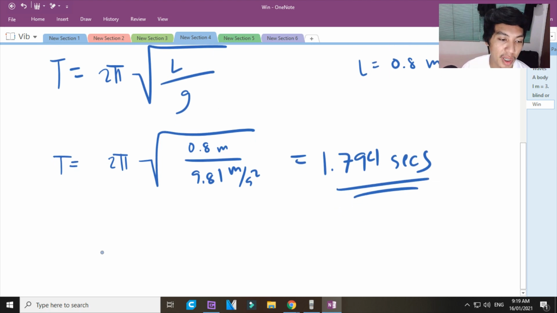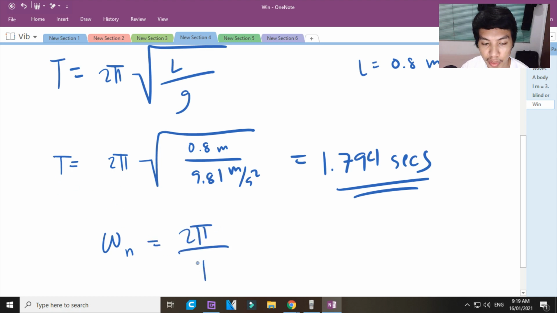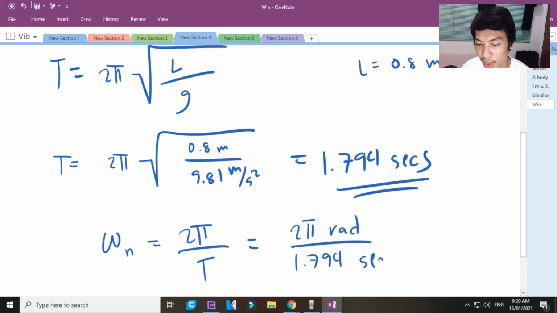Paano naman po kapag natural frequency? O di omega n, that is 2 pi over nung period mo. So, that is 2 pi radian over 1.794 seconds.